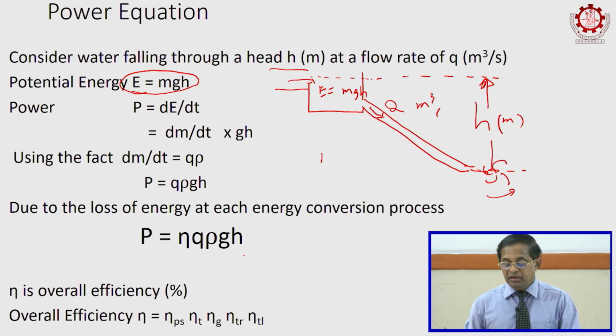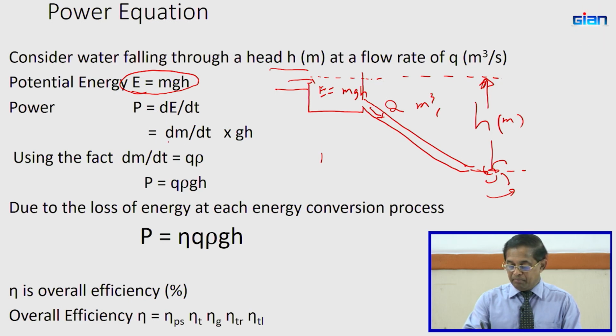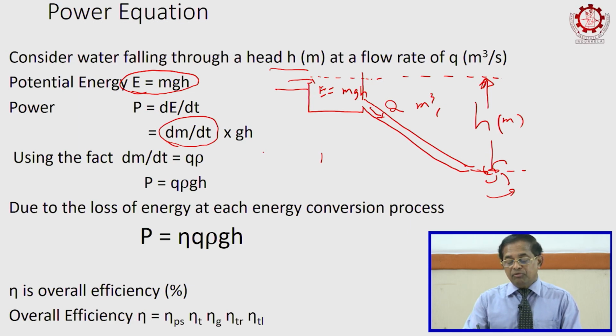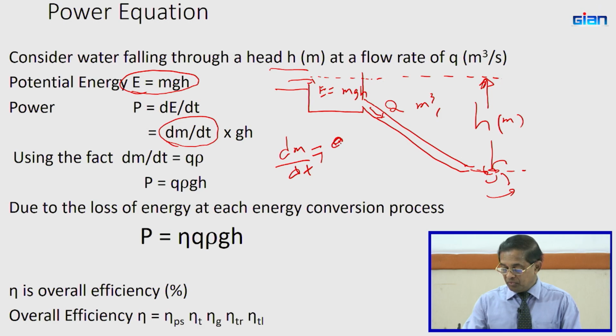So, if you take dE by dt of mgh, g and h being constant, it is dm by dt into gh. dm by dt is the mass flow rate of water, which is equal to q into rho.